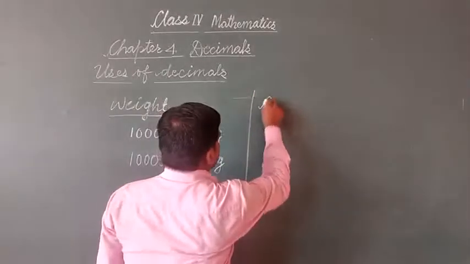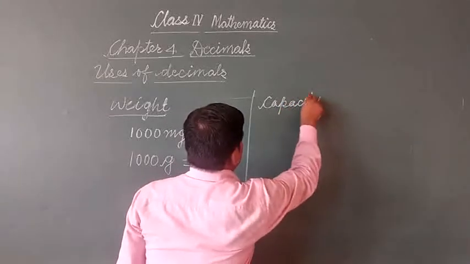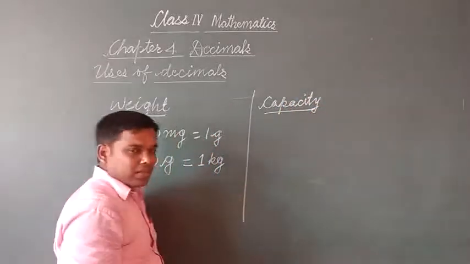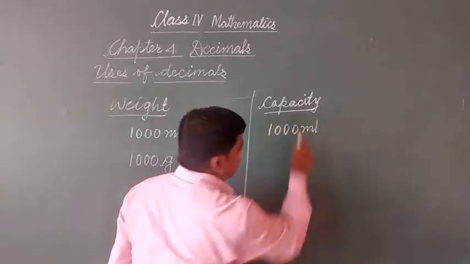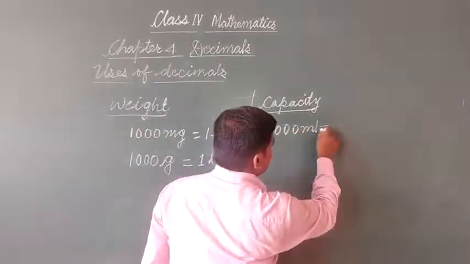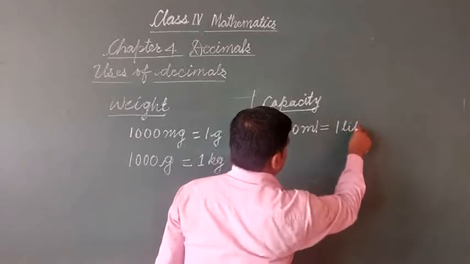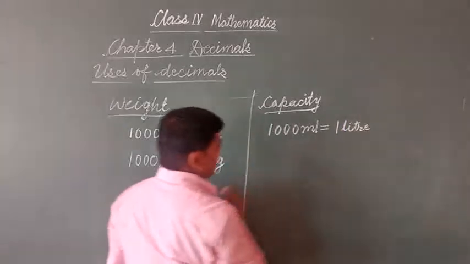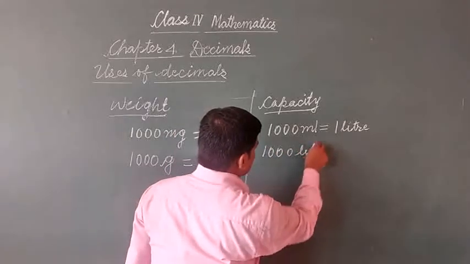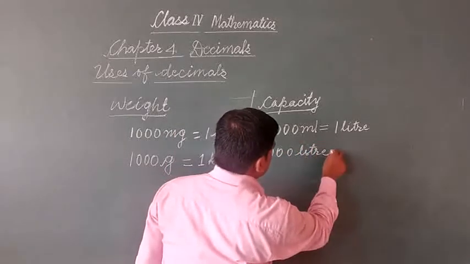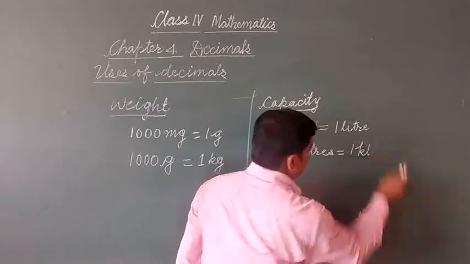And in capacity we have 1000 milliliter is equal to 1 liter, and 1000 liter is equal to 1 kiloliter.